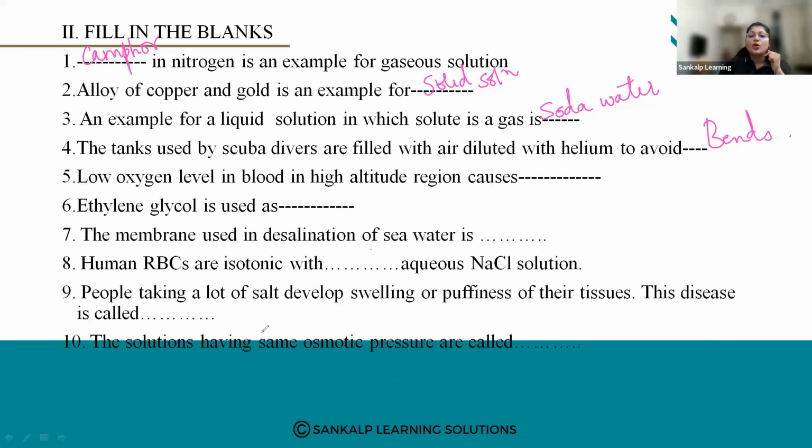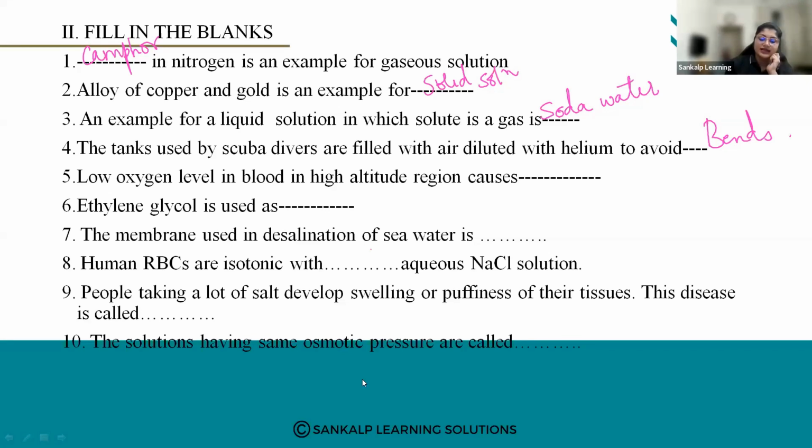So if a person is suffering from very low oxygen level, he has gone to a high altitude region and there the oxygen level is very less in his blood. So what will he suffer from?